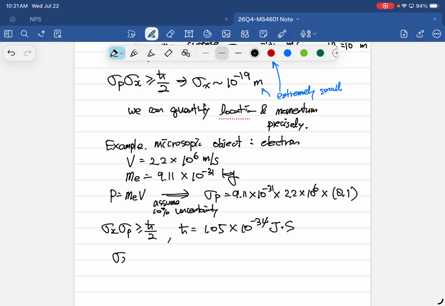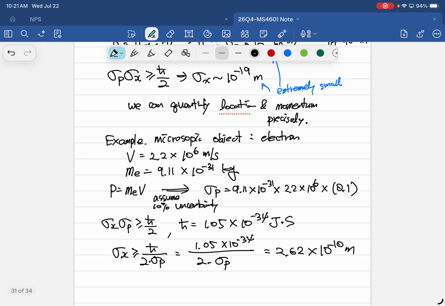Sigma x has to be at least h bar over 2 times sigma p, and a rough calculation shows that this is roughly about 2.62 times 10 to the negative 10th power meter. So what does it mean?